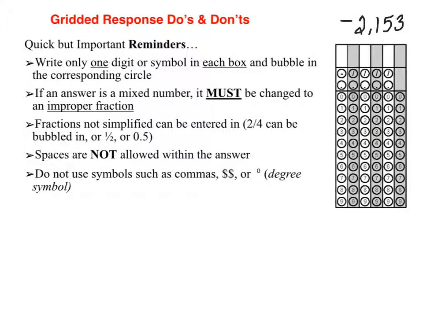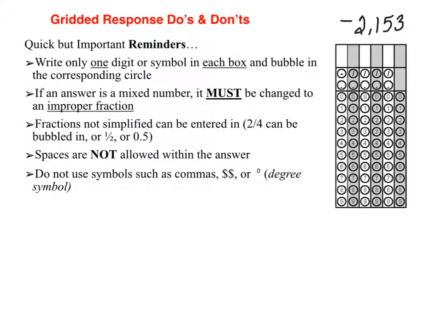Now practice putting this number into the grid: negative 2,153. Take 20 seconds and write this number in your grid. All right, let's check this over.